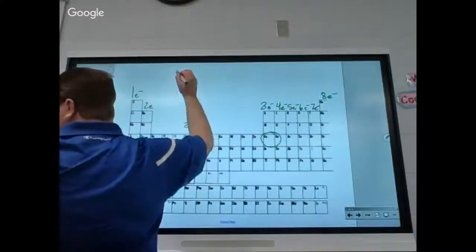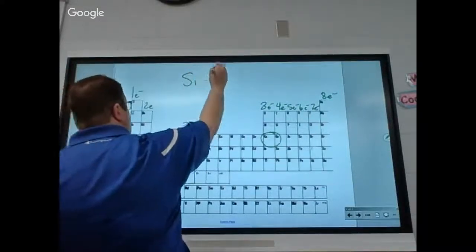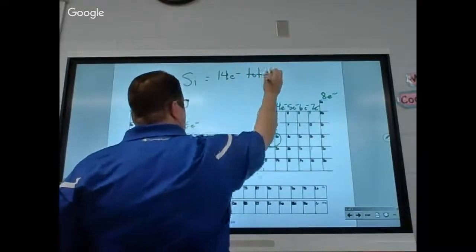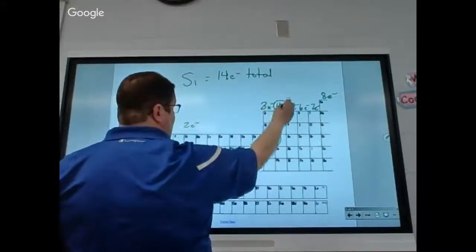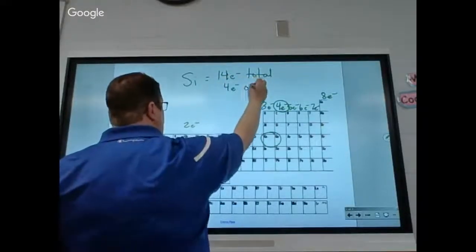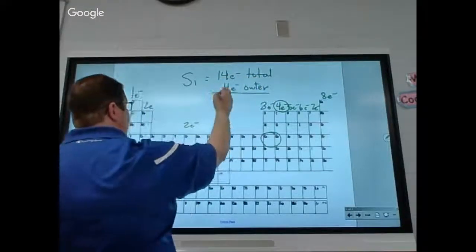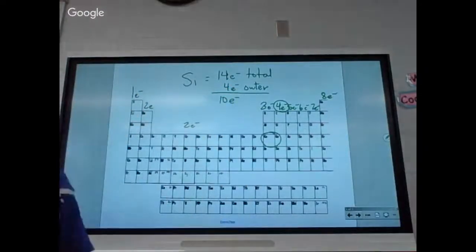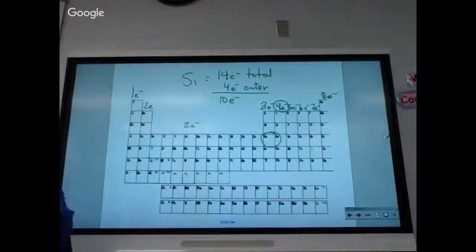Okay, if you look on the periodic table, it has 14 electrons total. And how many does it have here in the outer shell? It has 4 outer. So you can subtract and get 10. Okay, that's one way. It's not the way that more people do it. Okay, it certainly works. What's another way you could do it?